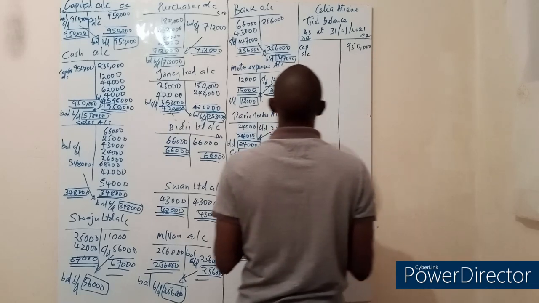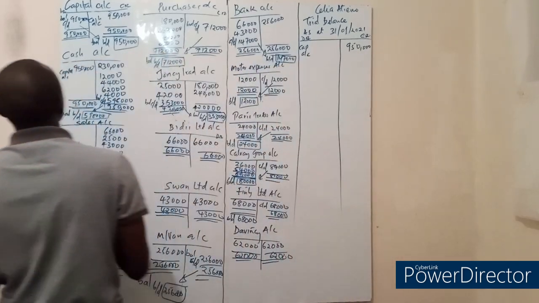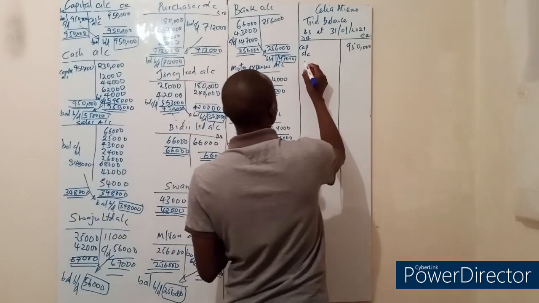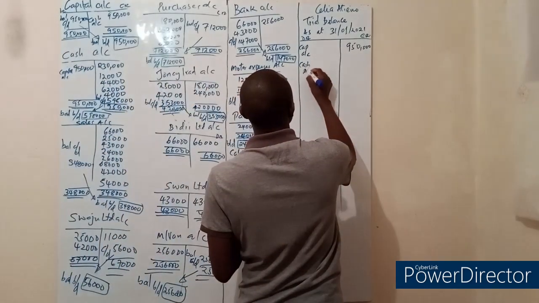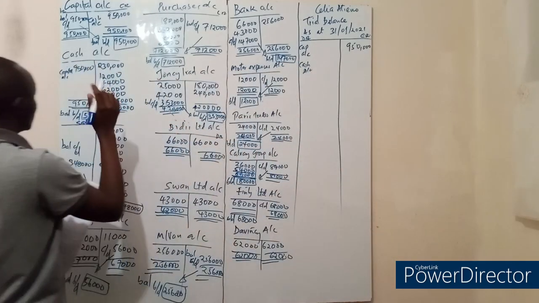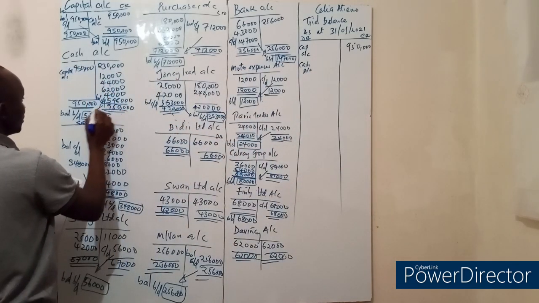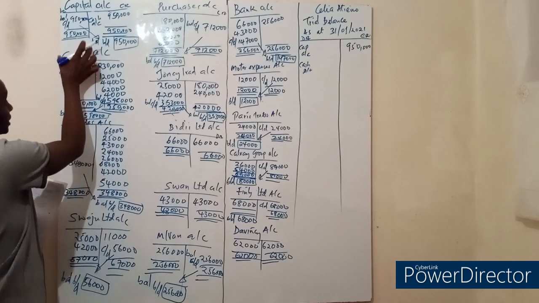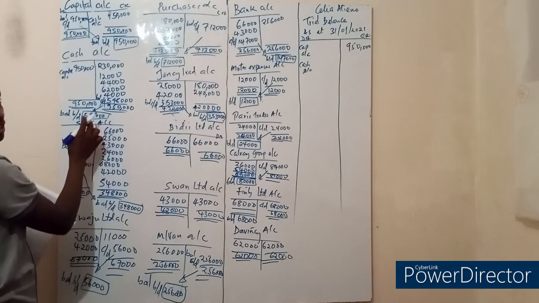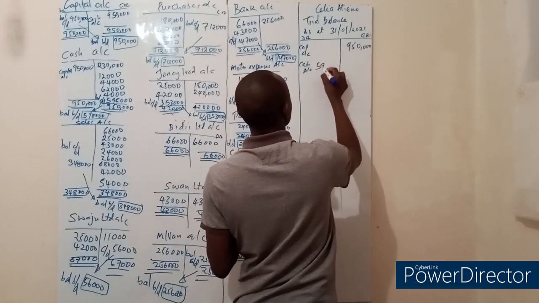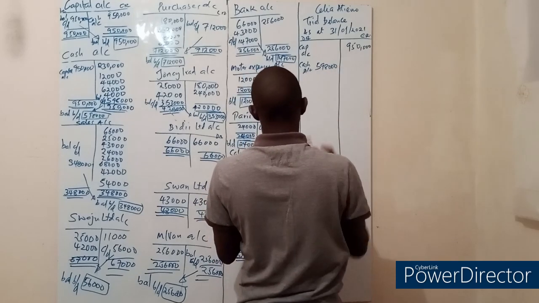Right, and then we have the cash account. You can write cash account. Cash account, how much? We had 598,000 on the debit side. This debit side, balance brought down is on the debit side. So you write cash account 598 on the debit side.